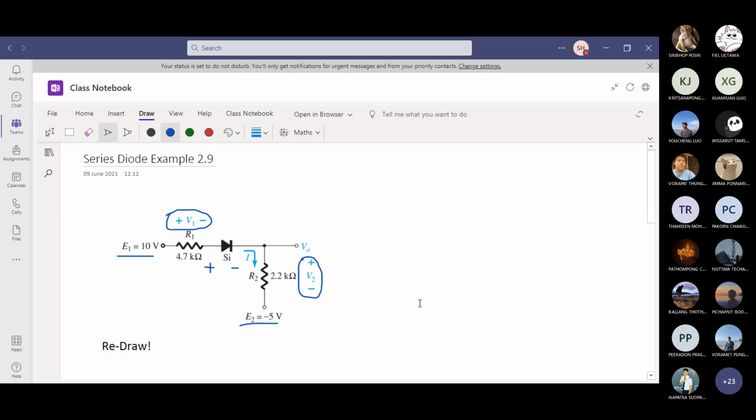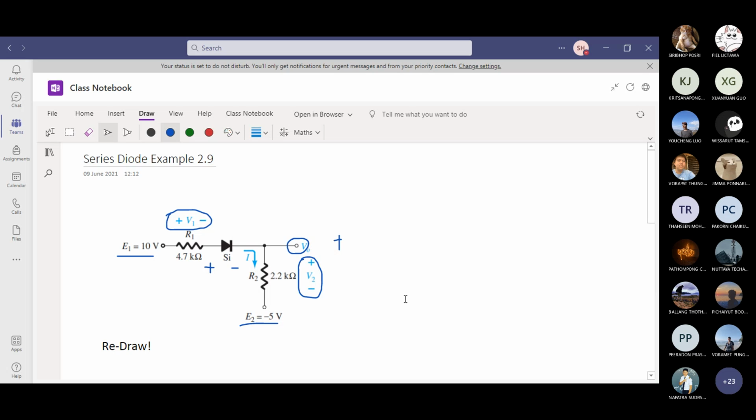You might get a negative voltage, but the probe position is like this. Red probe is plus, black probe is minus, as if you are measuring in the lab. Then Vout is taken at this point. If you put a Vout probe, the plus probe is right here. Minus probe maybe with respect to the ground or here.